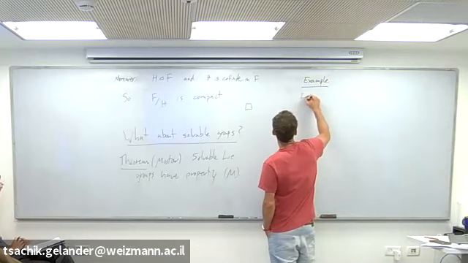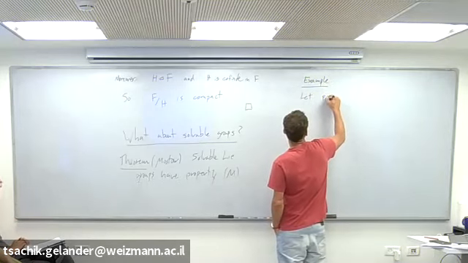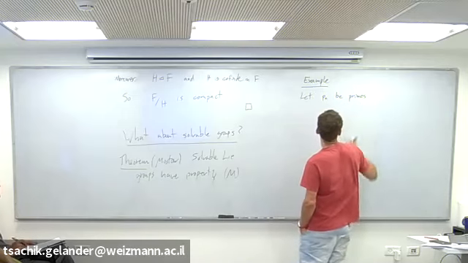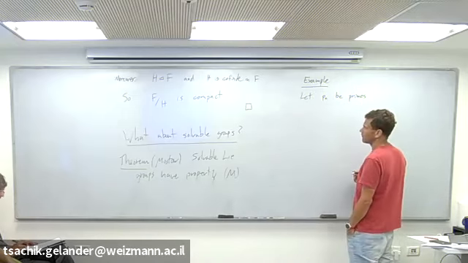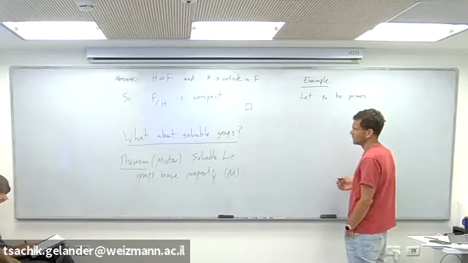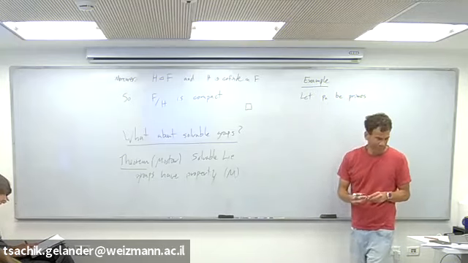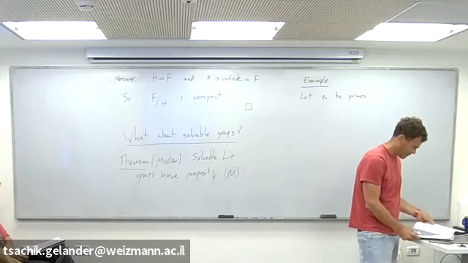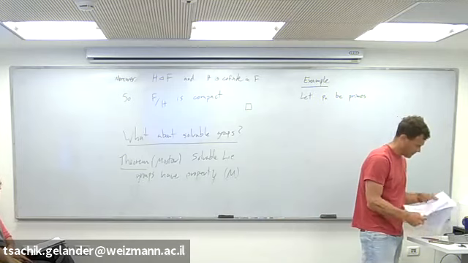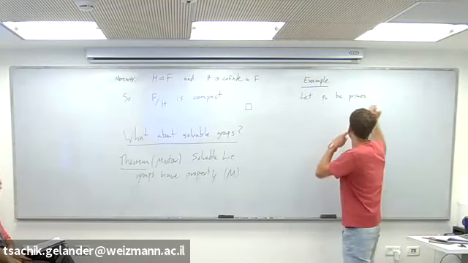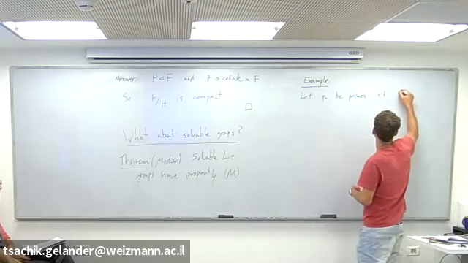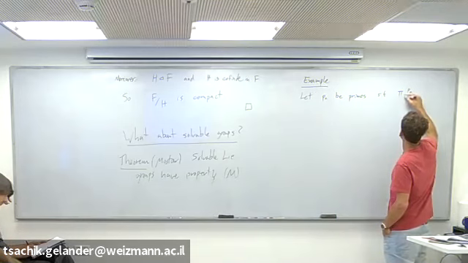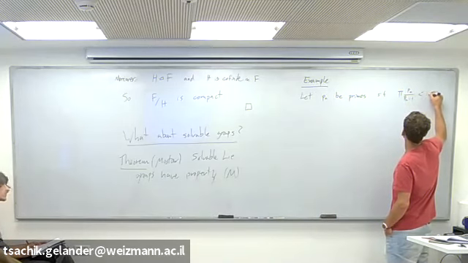So let p_n be primes which go fast enough. The condition, and I want them to go fast enough, such that the product of 1 over p_n minus 1 is finite.